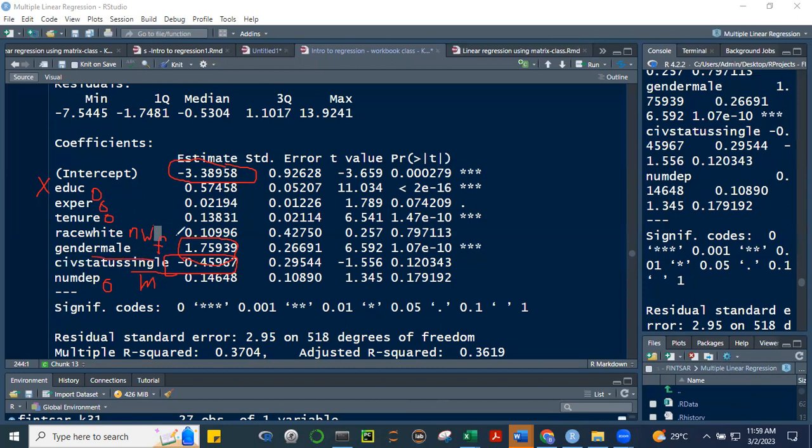The rest are the same pero sinabi ko male. So ang mangyayari dito, class, kasi male siya, papasok tong factor na. Yan. So it will be negative 3.39 and then plus itong 1.76. 1.76 plus negative 3.39.